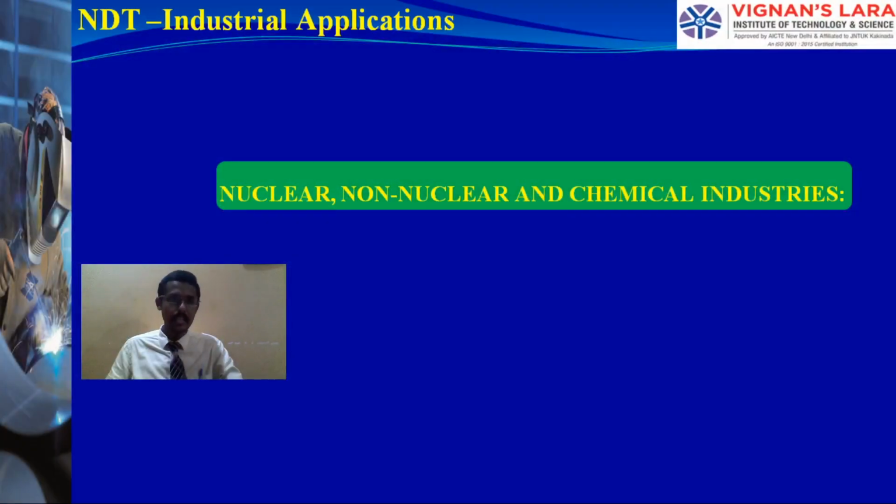Inspection tools may be visual, ultrasonic, radiography, eddy current, magnetic particle, acoustic emission, or thermography. Any of these methods can be used for railway inspections. In upcoming classes we will see other examples, nuclear and non-nuclear conditions also. The remaining part of the subject we will see in the next session.